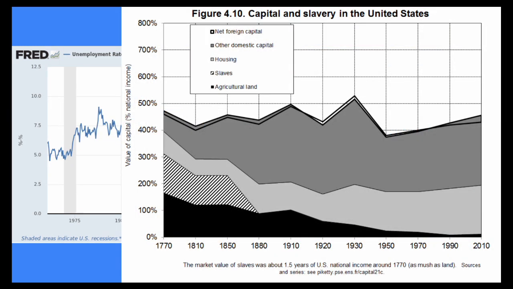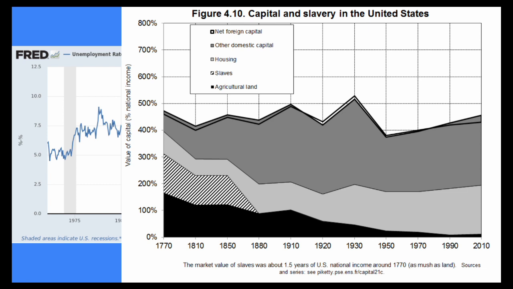Why is this happening now? To understand that, we can't necessarily just look at a snapshot of now. We have to understand the historical context of what's been happening with the economy. What you're looking at is a breakdown of the value of different kinds of capital in the U.S. from 1770 to 2010.